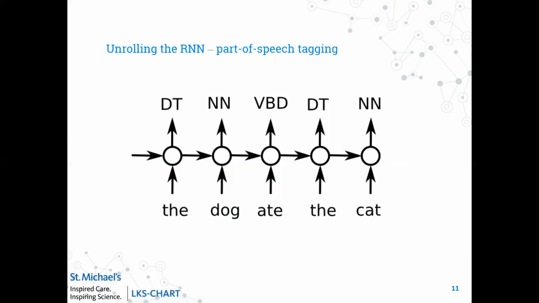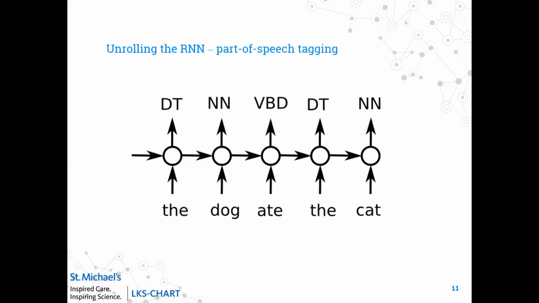So the word dog is a noun and the word ate is a verb. Part of speech tagging is useful, for example, if you're building a text-to-speech application, just because words will have different pronunciation if they're a verb or a noun. And that's why knowing the part of speech tag will be super helpful.